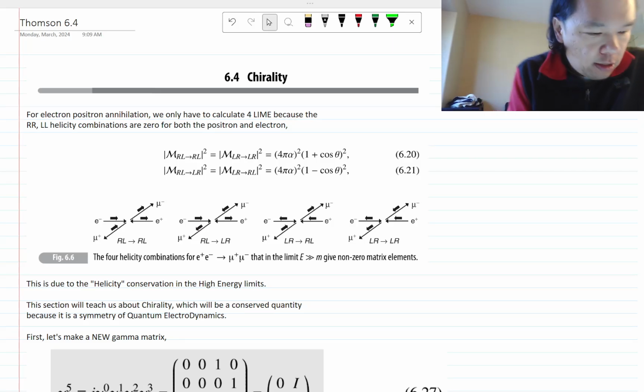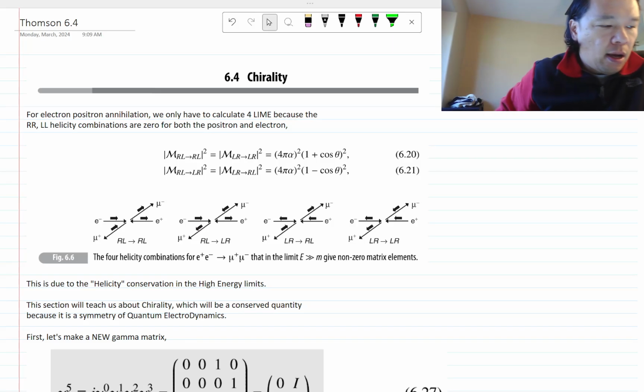Hi everyone. So today we're going to talk about chirality. This is out of Thomson 6.4, and it's actually one of the more important sections.